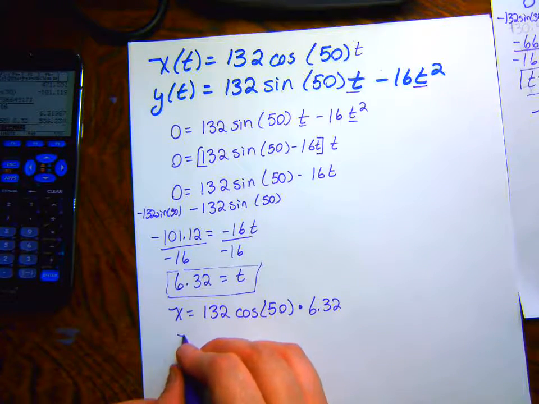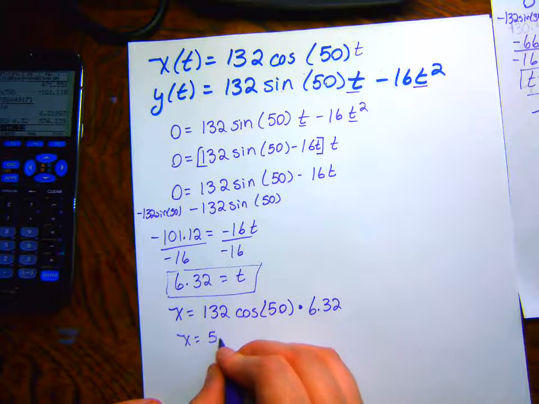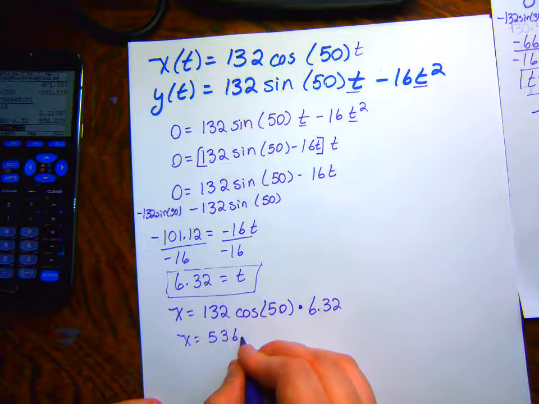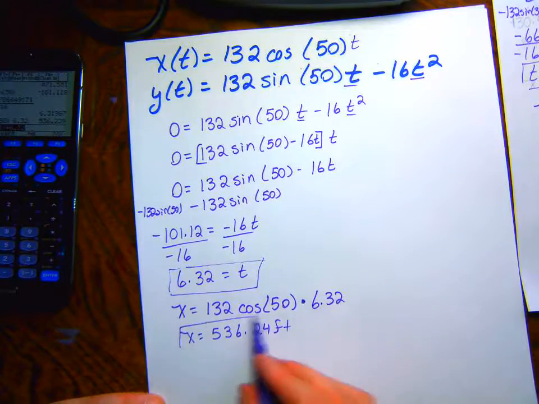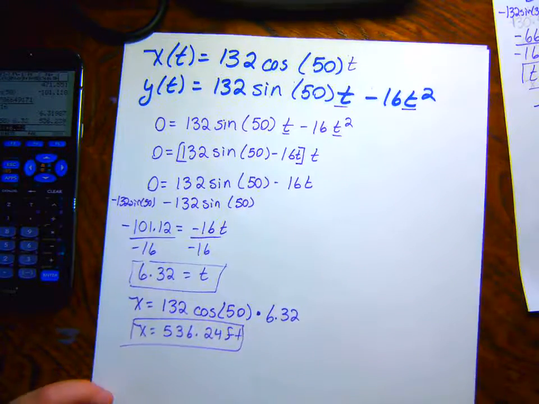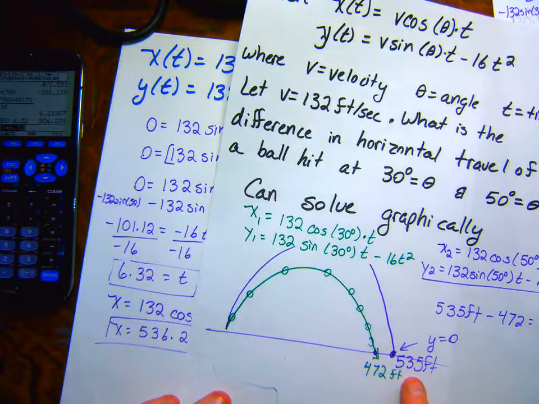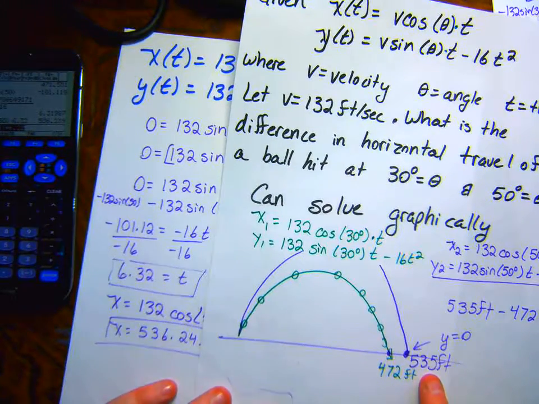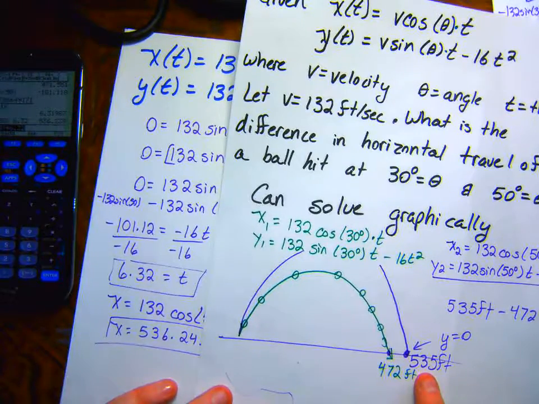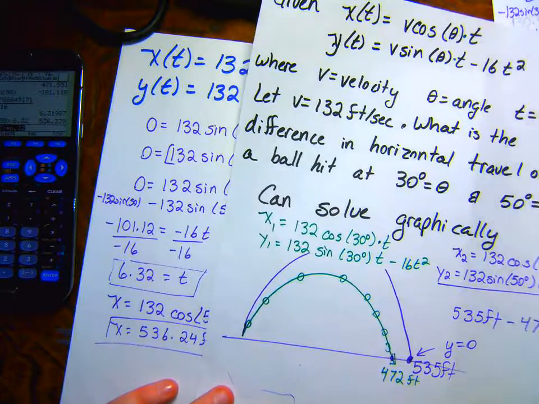Alright, and then I get that my x value is 536.24 feet. Okay, which, if I look at my graph again, is pretty close. Right, we were off by 1.24 feet when we did it graphically. Alright, which was a pretty good estimate.